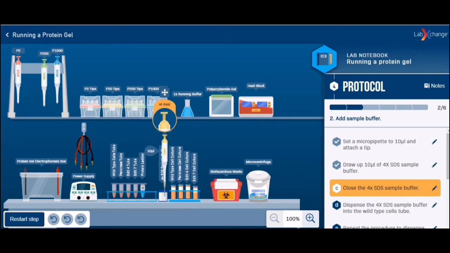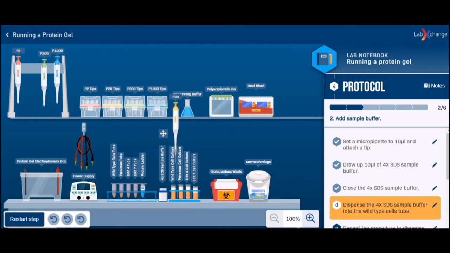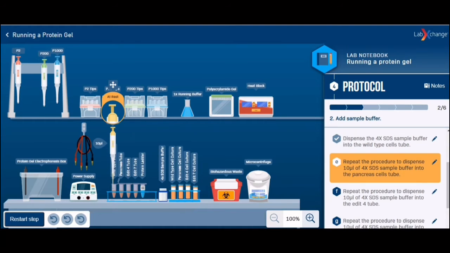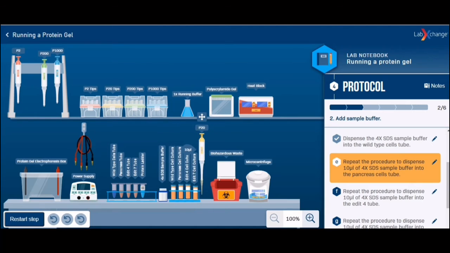After drawing up the 4 times SDS sample buffer, we need to close it. Next, we will dispense the SDS sample buffer into the wild type cells tube, and we will repeat the procedure to dispense 10 µL of 4 times SDS sample buffer into the pancreas cell tube.